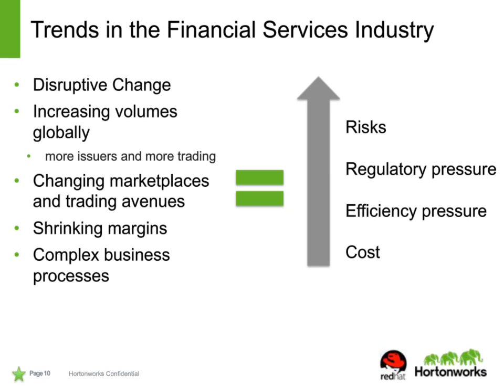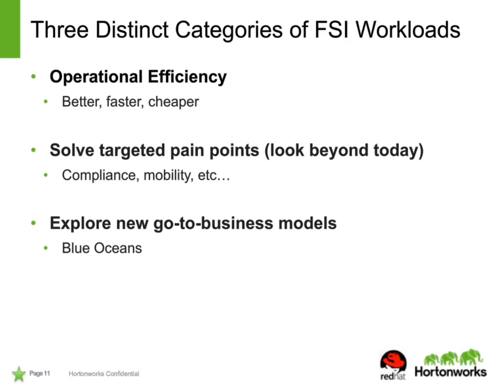With all that being said, if you currently look at the different kinds of financial services workloads, at the outset, let me just say that IT as a whole and data systems are even more critical to the success of a bank than they were ever before. So the first bucket of use cases that you'll run into is operational efficiency.